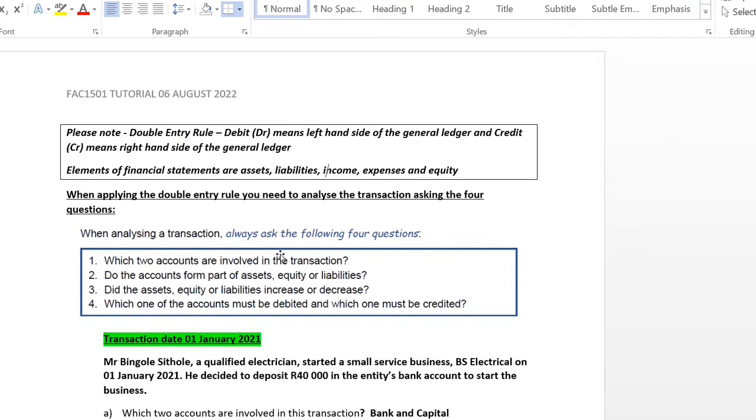So in everything, when you do your transactions, you are representing the business. The question is whether the elements of financial statements of the business are increasing or decreasing. So the expenses of VW, after they bought the stationery of 5,000 from Waltons, are increasing.